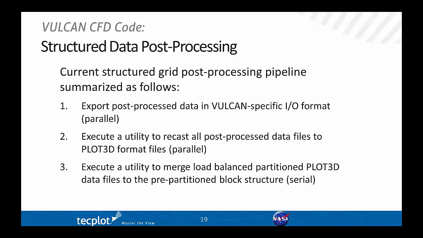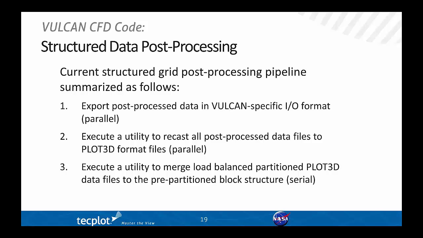And then finally, a third step is an optional step, but I think most of the users tend to do this. We read in all those individual Plot3D format files, which are output based on how many structured grid blocks you used when doing the simulation, which for a large parallel application can be thousands of grid blocks.